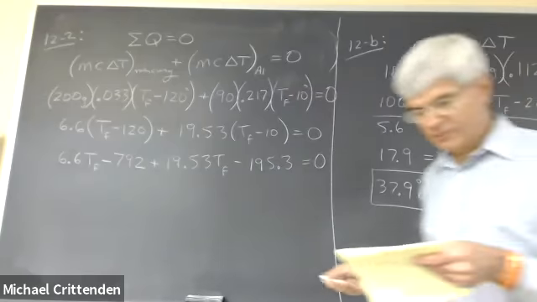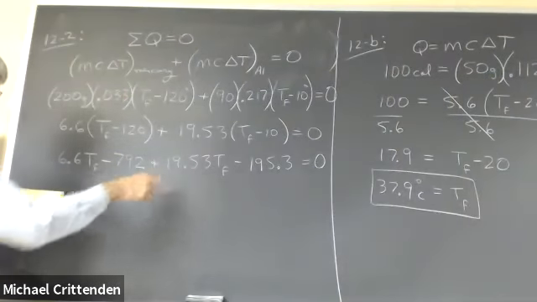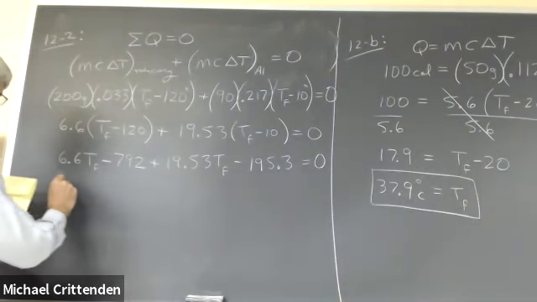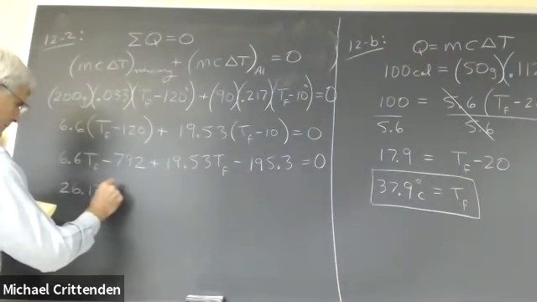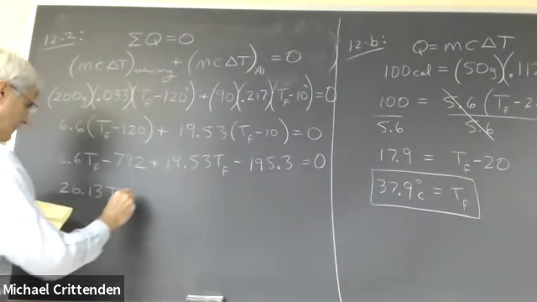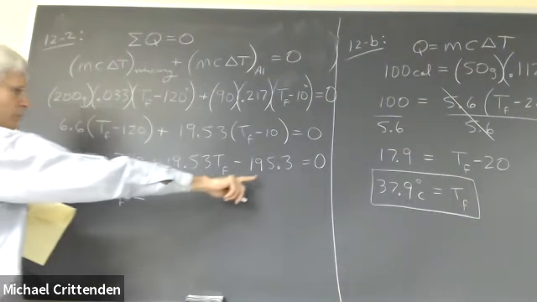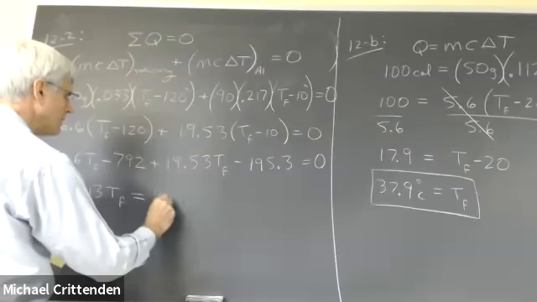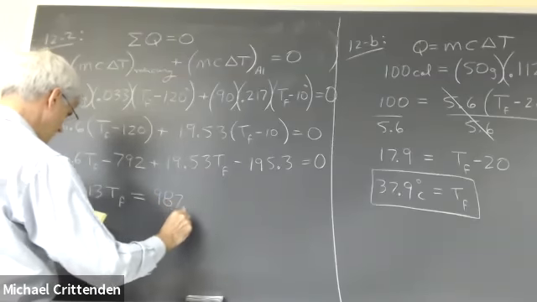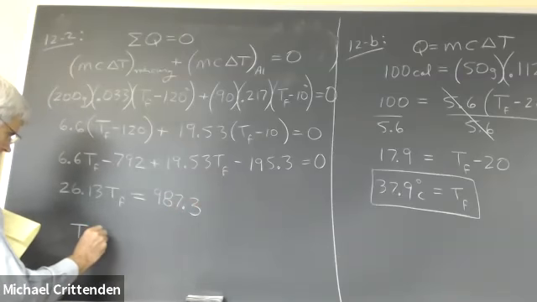Combine the like terms. 6.6 plus 19.53 is 26.13. 792 plus 195.3, 973, and divide, and we're done.